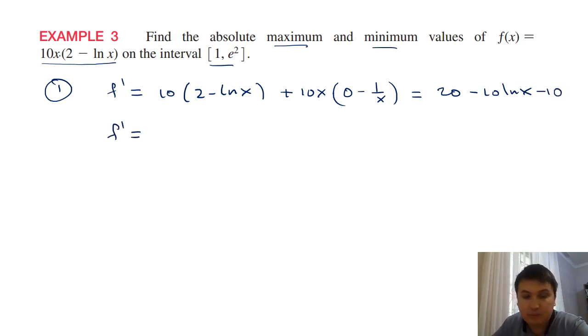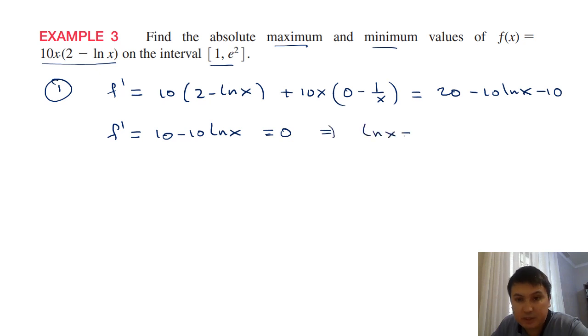So my f prime is 10 − 10 ln x, and then I set this equal to 0, right? So I need to find the critical points. If you set it equal to 0, I get ln x equal to 1.